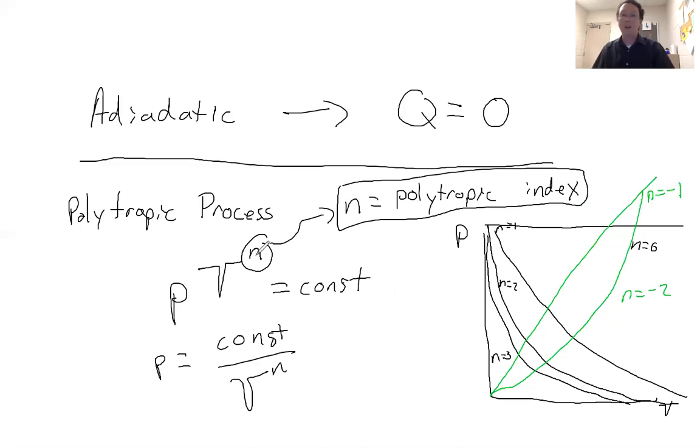If I had n equals 10, it'd be Pascal times meter to the 30th. So the constant doesn't even have standard units. So I wouldn't bother trying to think of this as a physical quantity. It's not related to any conserved property in any sensible way. So really just think of this as a family of curves we can draw and for which we can do math. We'll do an example in a later video where we do that.